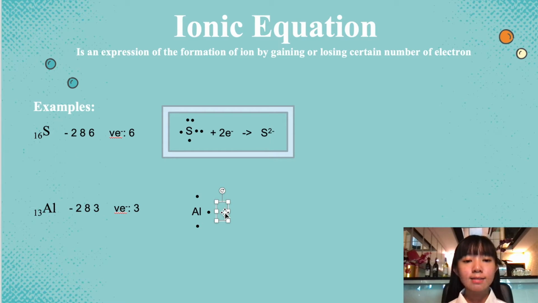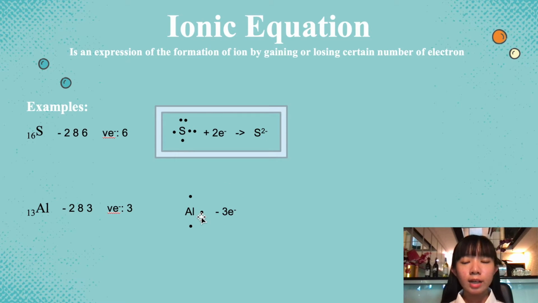Now, aluminum has 3 valence electrons, which means in order to become stable, aluminum needs to give out 3 electrons. So, this makes aluminum minus 3 electrons. But in order to write down the ionic equation, we must never use minus, which means we will have to transfer the negative 3 to the right side.